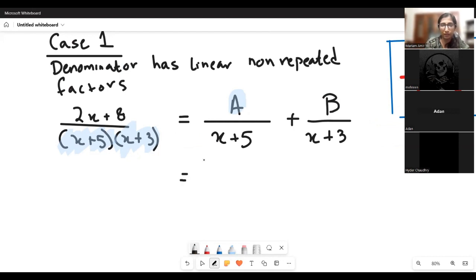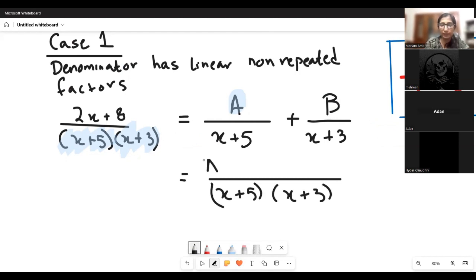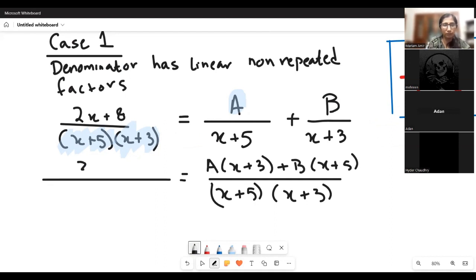Okay. Now, how do we solve this? We take the LCM on the right-hand side. So we have x plus 5, x plus 3. The numerator becomes A times x plus 3 plus B times x plus 5. The left-hand side is the same, 2x plus 8 over x plus 5, x plus 3.